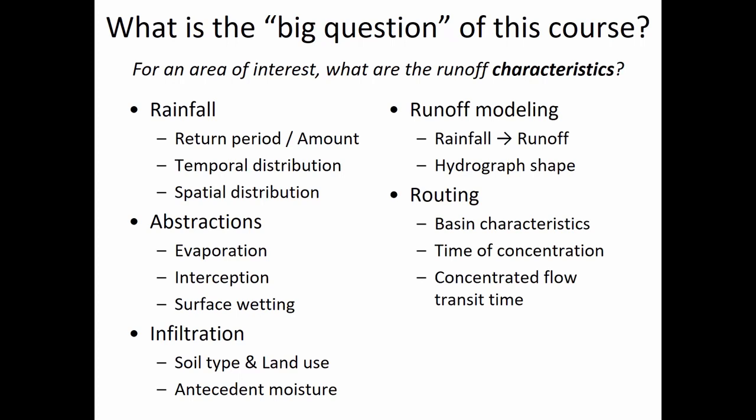One of the factors that determines how long to make that hydrograph is to look into the accounts of the effects of routing. And the routing means the delay that occurs as the water moves through the basin. And so the sinuosity of the streams, meaning how meandering they are versus how straight they are, is an important basin characteristic.